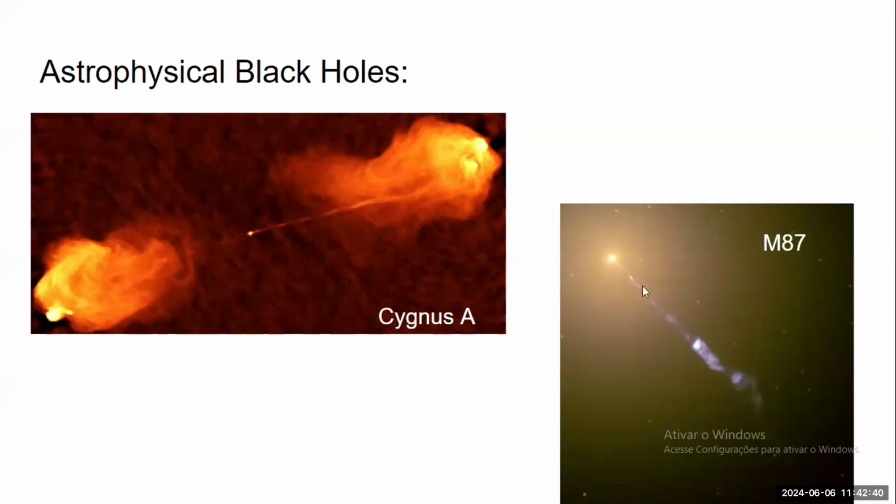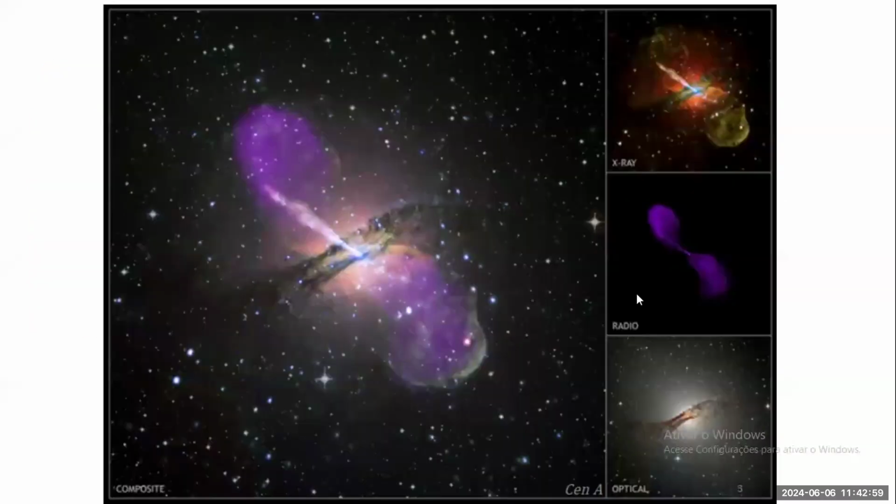So it's matter coming out from a very central object, and it is traveling through thousands of light years from the center, right? So which mechanism can do that? Again, another picture, a composition of Centaurus, I think.